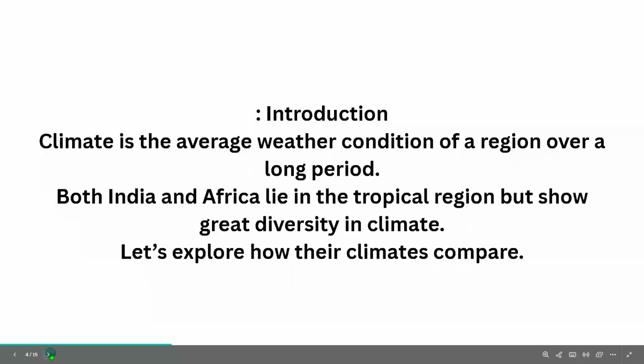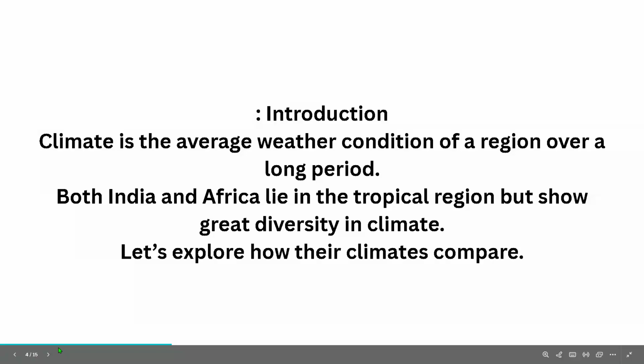Next, we find the introduction. Climate is the average weather condition of a region over a long period. So when we say climate, weather means per day. How the weather is, whether it is hot, cold, rainy, windy, we say that it is the weather per day. But for a long period, now it is the summer season for us. Why do we say the climate is very hot or summer season?